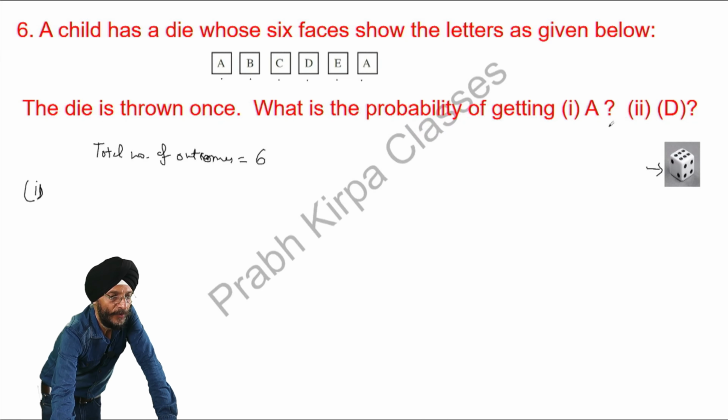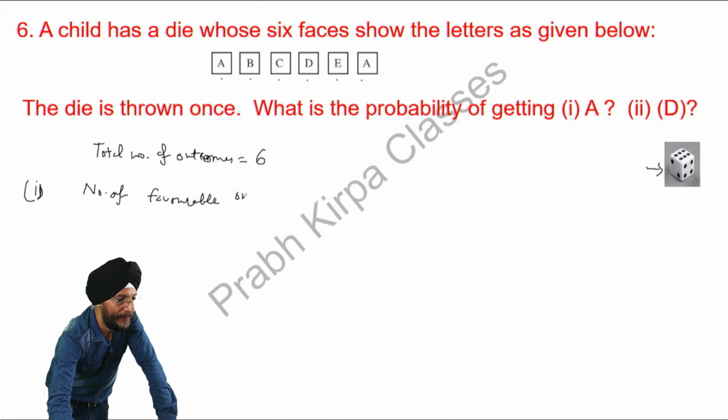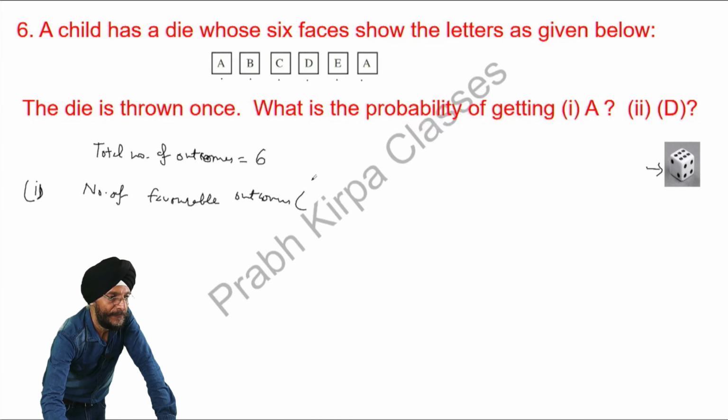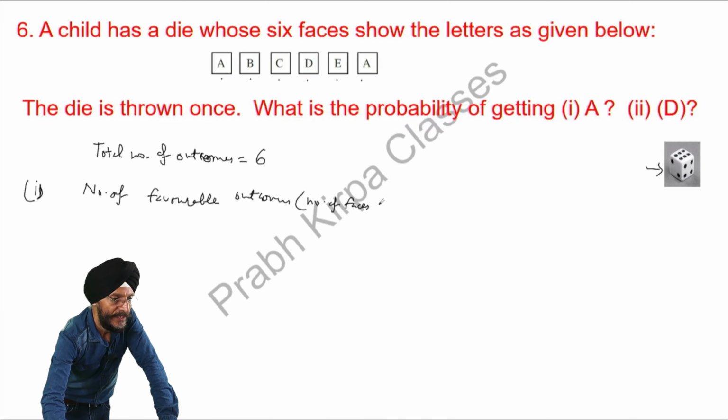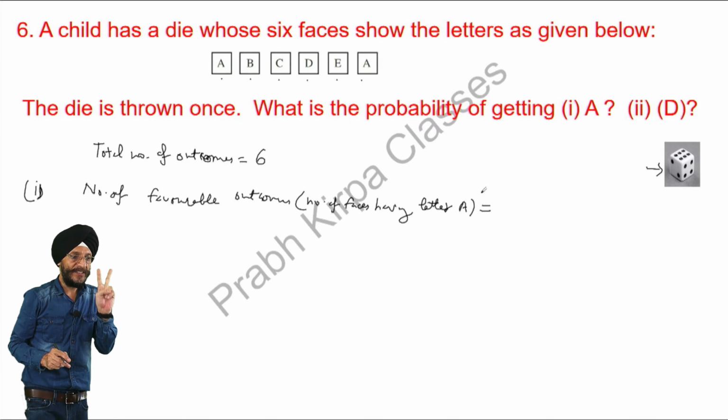Now we will solve the first part of the question. What is the probability of getting A? The number of favorable outcomes, that is the number of faces having the letter A: two faces have the letter A on them.